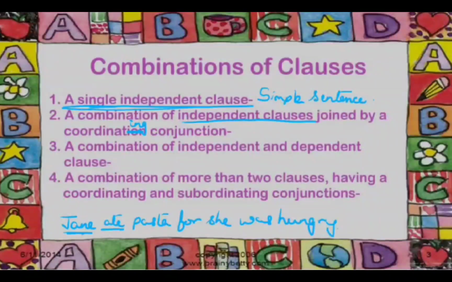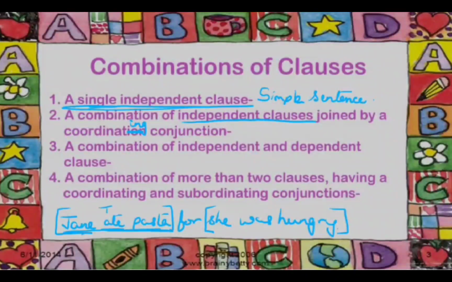Jane ate pasta is one sentence giving information in itself. She was hungry. Anybody can be hungry. Jane is hungry. That's it. It gives you complete information in itself.